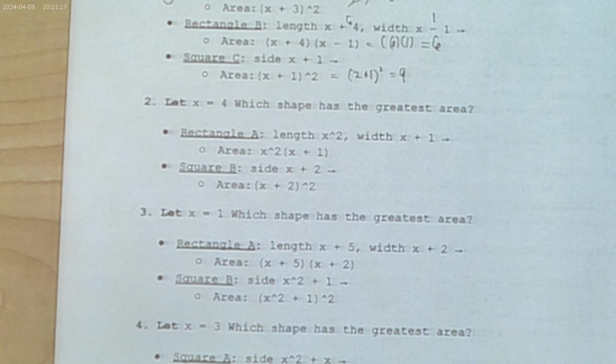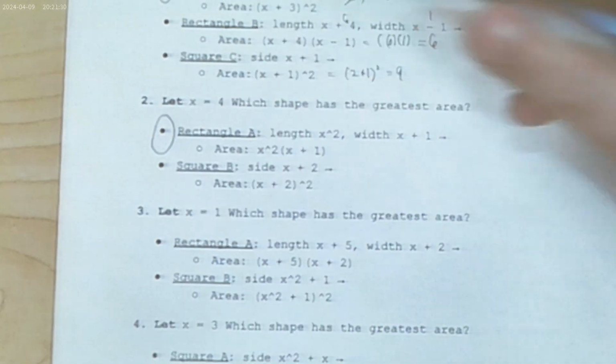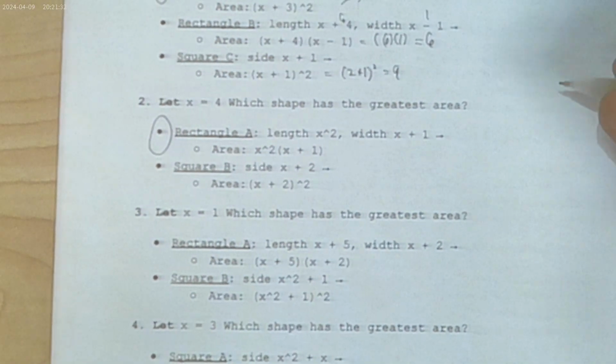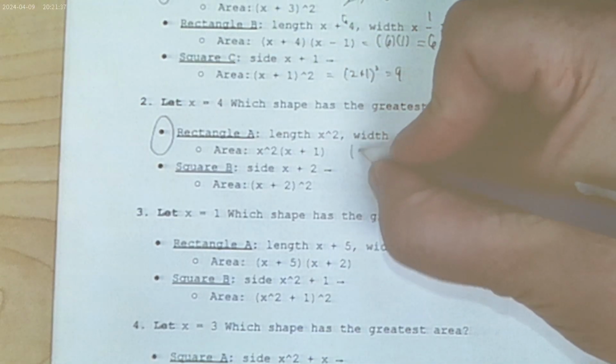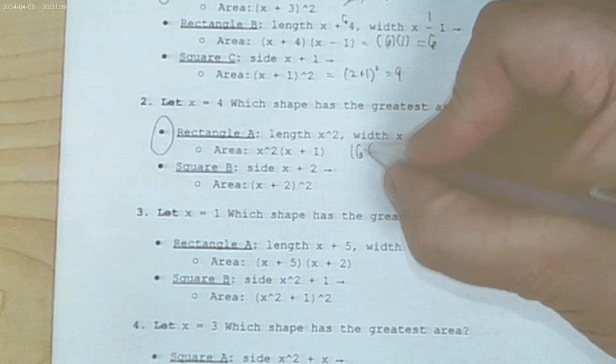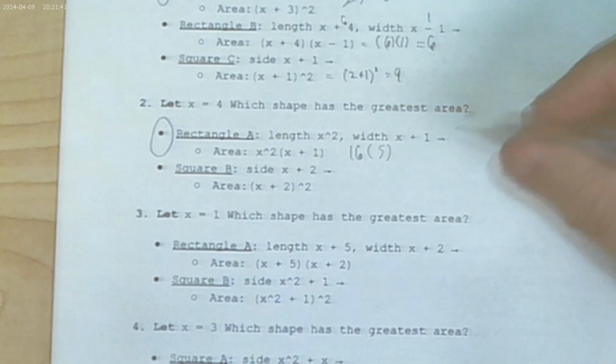Number 2, which one has the greatest area? I'm going to go with rectangle A. So if x equals 4, then the area is going to be 16 times 4 plus 1, which is 5.